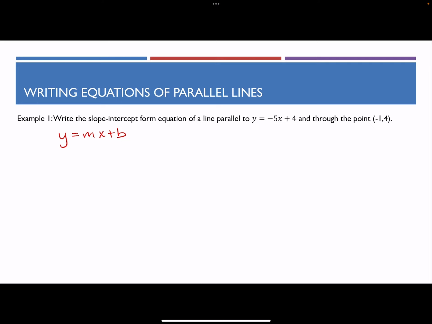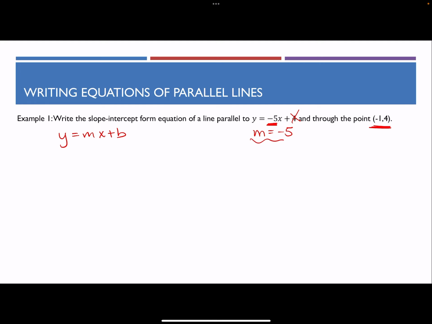Parallel lines have the same slope and different y-intercepts. So what do I know? I'm sorry, I think I said negative 4. The slope is negative 5, and my y-intercept cannot be 4. And I want it to go through this point, negative 1, 4.